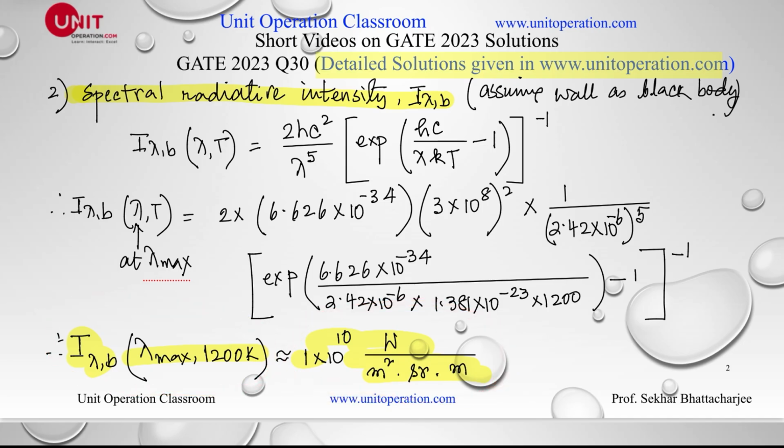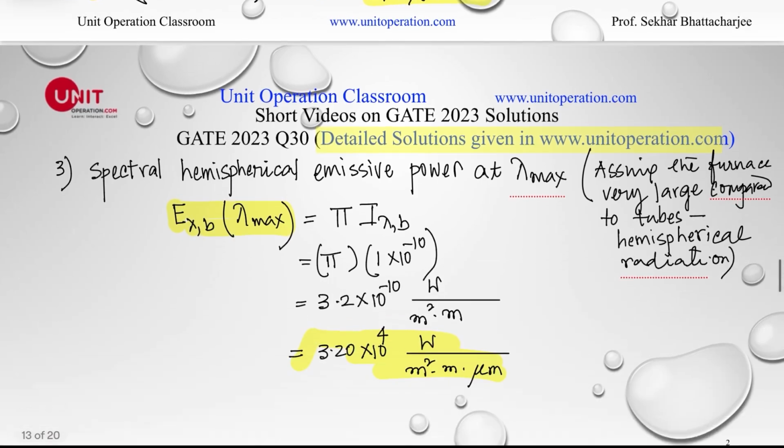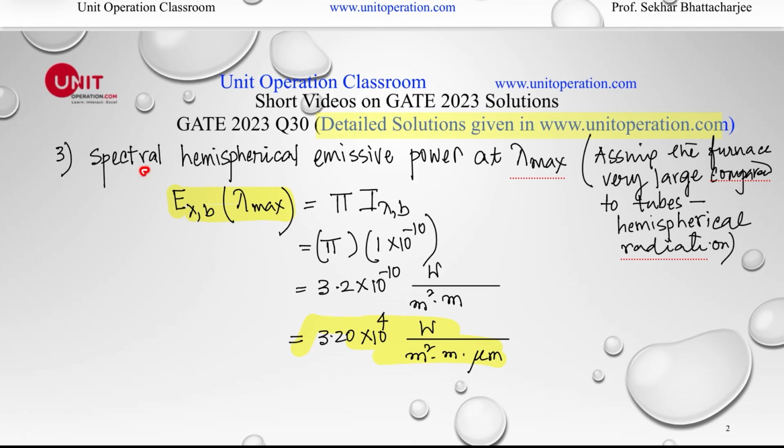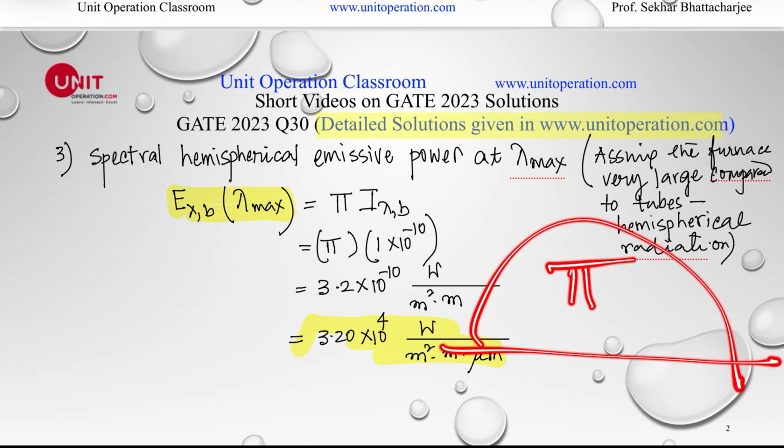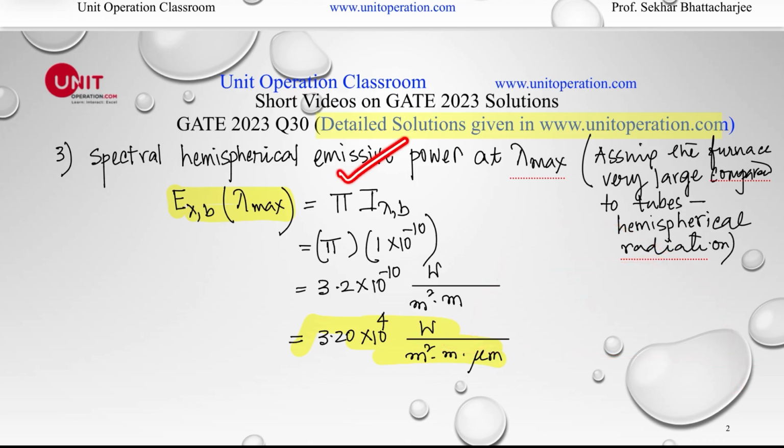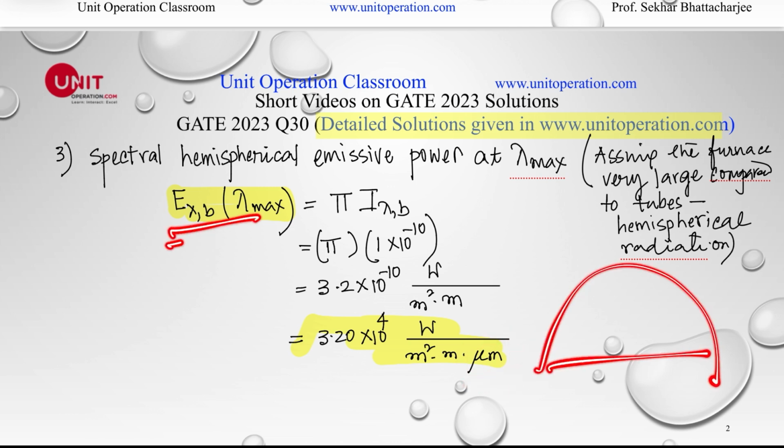Now if you want the spectral hemispherical emissive power, the intensity has to be integrated over the entire hemisphere, which gives a factor of pi. So multiplying by pi gives the total energy emitted at a particular wavelength over the entire hemisphere, that is E lambda b.